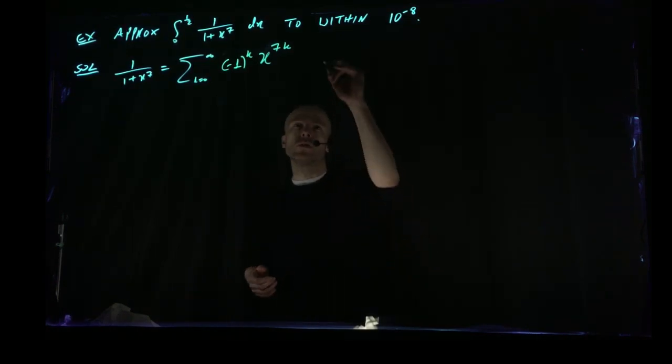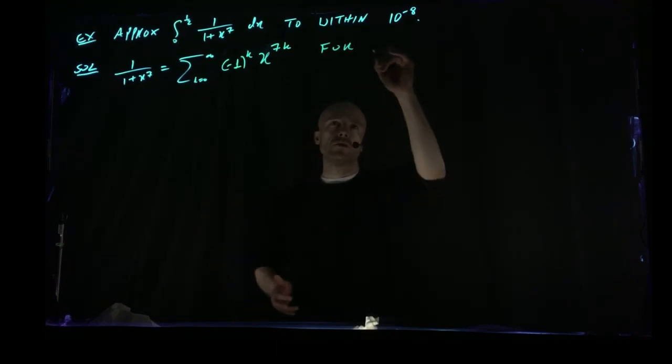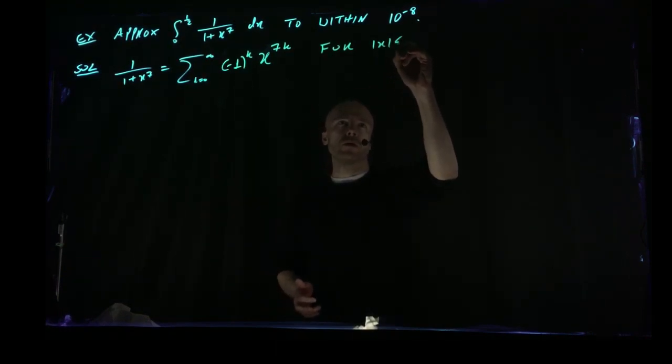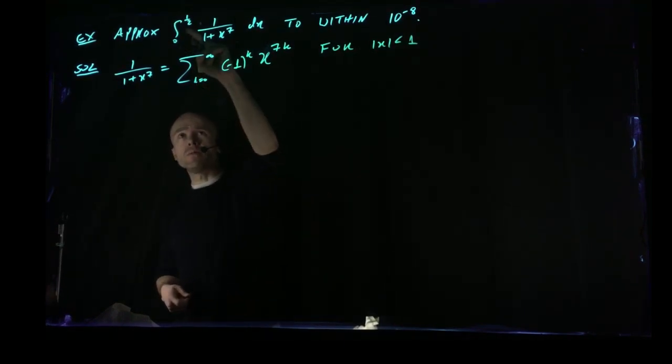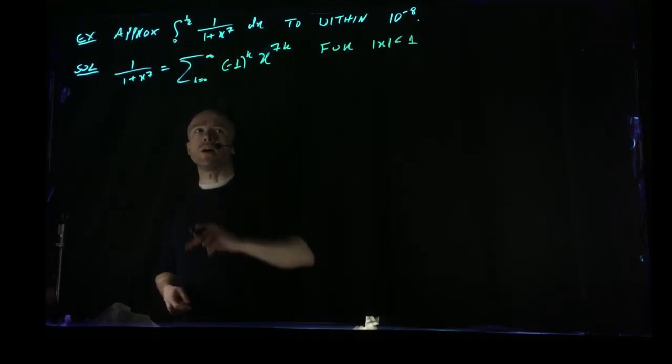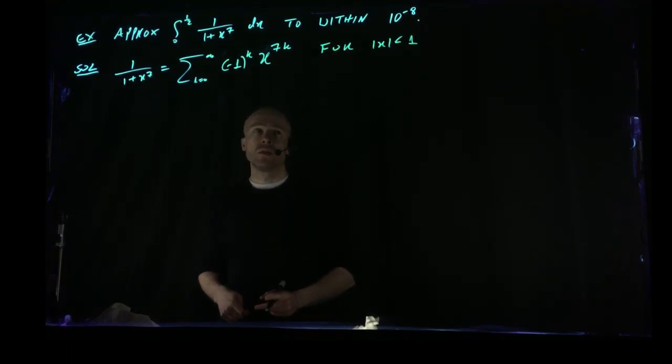And this holds true so long as the absolute value of x to the 7 is less than 1, which is the same as saying the absolute value of x is less than 1. Okay, and that's good enough because our actual range that we want to integrate is from 0 to a half, so that's certainly within the range for which this representation holds true, right?